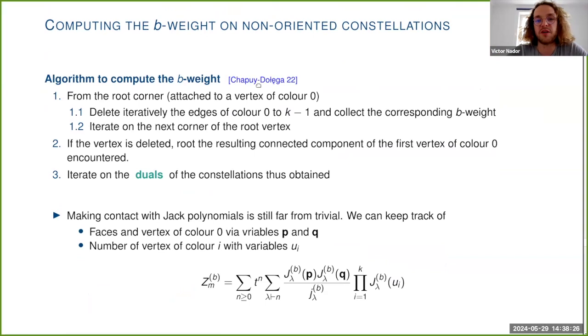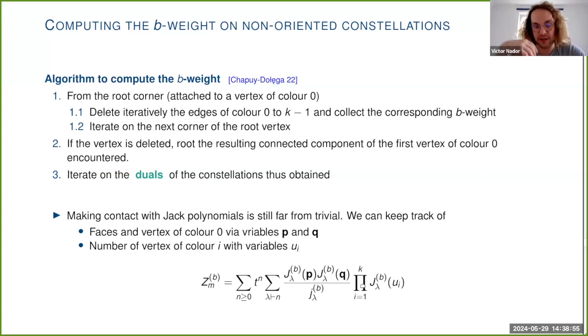So in this paper of Chapuis and Dowenga, they show that the combinatorial equation you get for this model actually corresponds to the same equation, but for the generating series of Jack with certain specialization. So what they show is that they can work with two full sets of parameters, that they will keep track of vertices of color 0 and of faces.